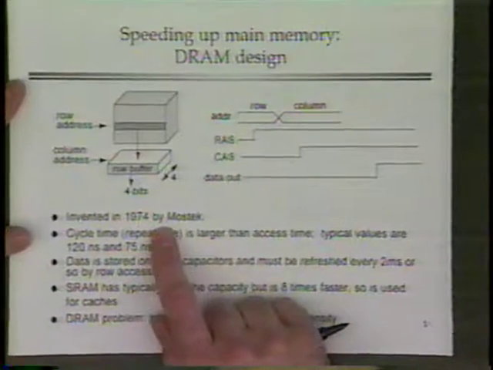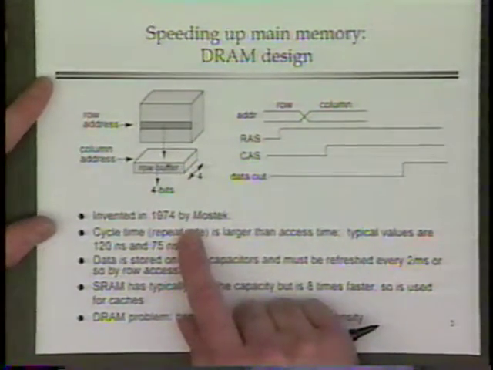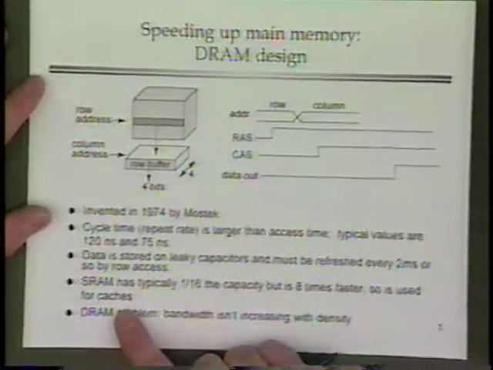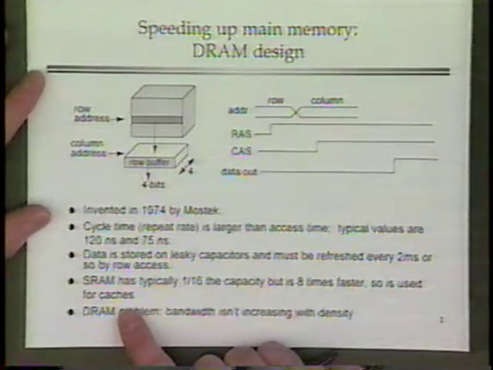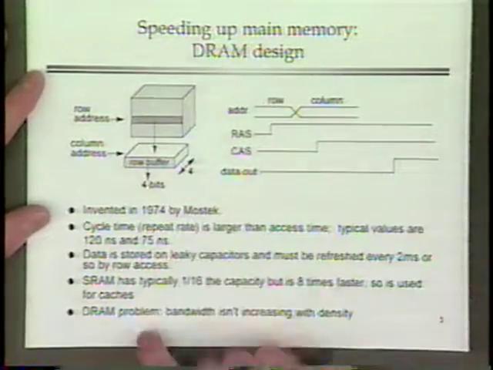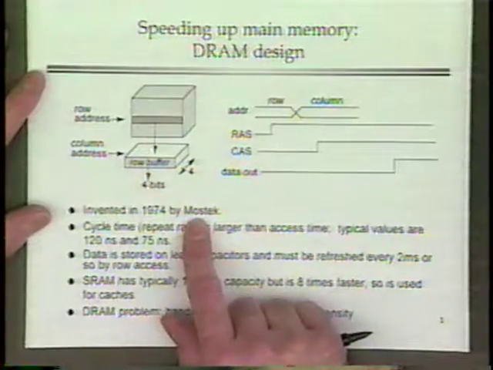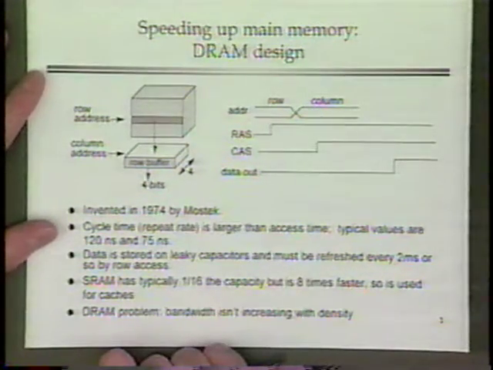Okay. Burrowing in a little further, and I don't want to go over this in great detail, but I think you ought to understand, at least in some level of detail, how the memory chips themselves actually work and what people are doing to make the chips themselves faster. Most of the dynamic random access memories use a scheme that was invented back in 1974 by Shustek to supply addresses to the chips in 2 parts.